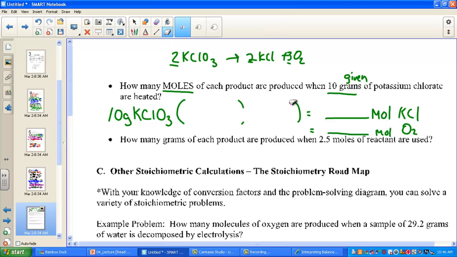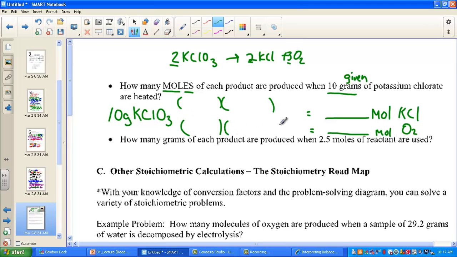I'm going to end up with 2 separate journeys here. Alrighty, so given a mass of potassium chlorate, we need to use that twice, once to get to moles of KCl and once to get to moles of oxygen. Same given quantity, 2 desired calculations.